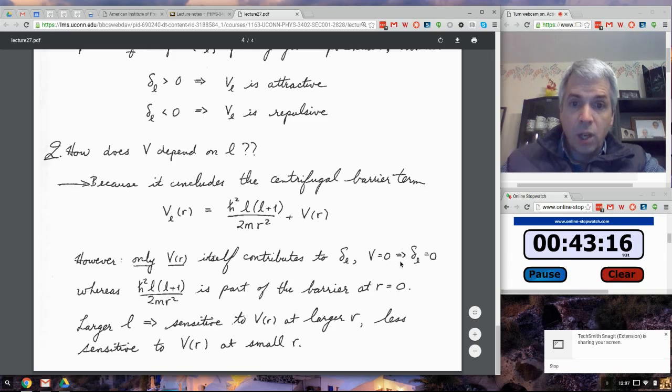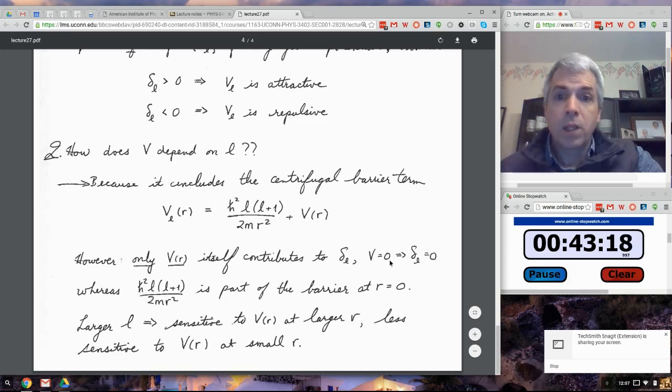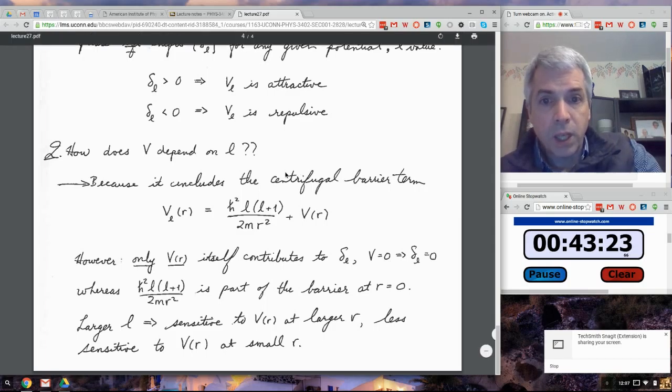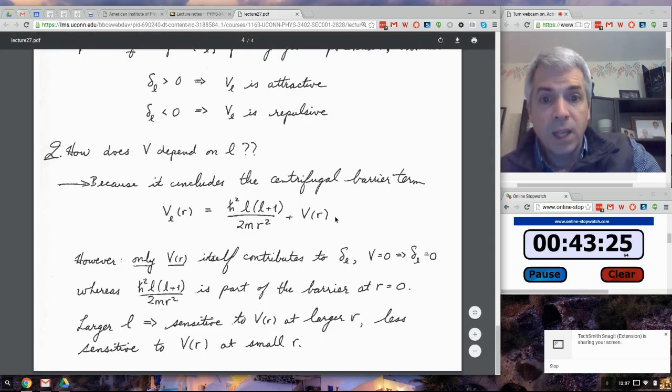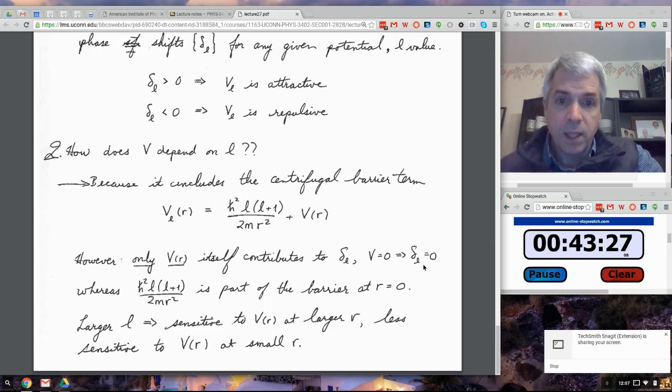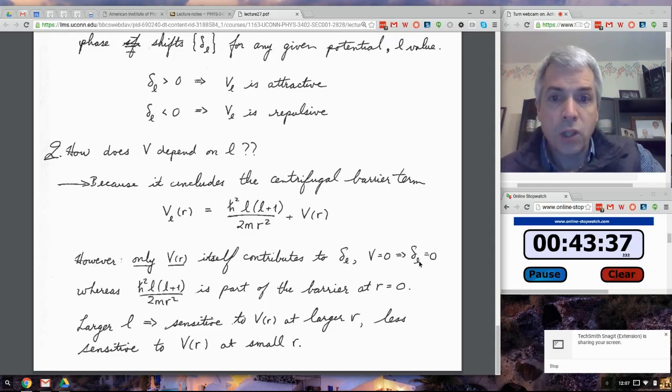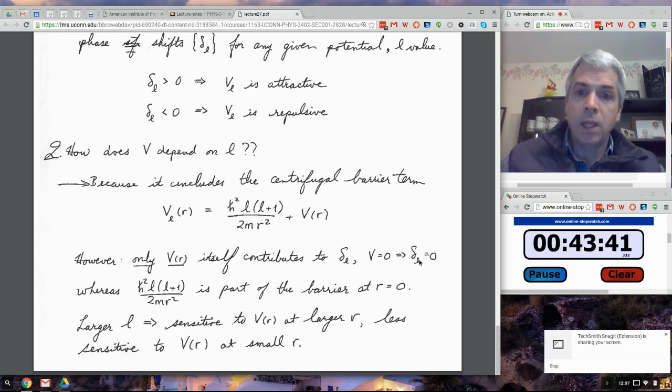As soon as V is non-zero, it will contribute a different phase shift in every partial wave, and the fingerprint of the potential is this pattern of deltas, where the deepest part of the potential closest to r equals 0 is sensed by the S wave. Then progressively more and more emphasis on the larger R values of V as you go up in P, D, F, and so on.